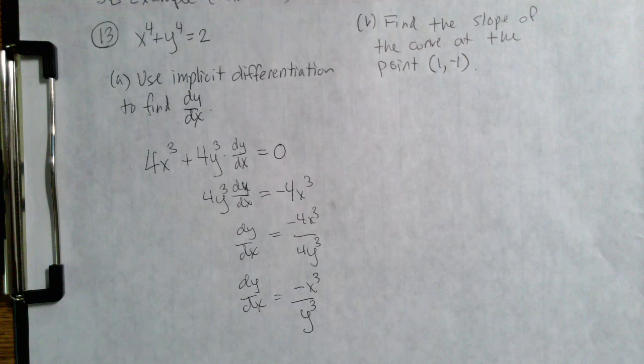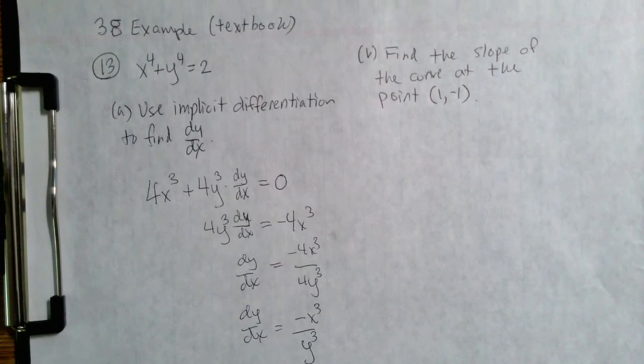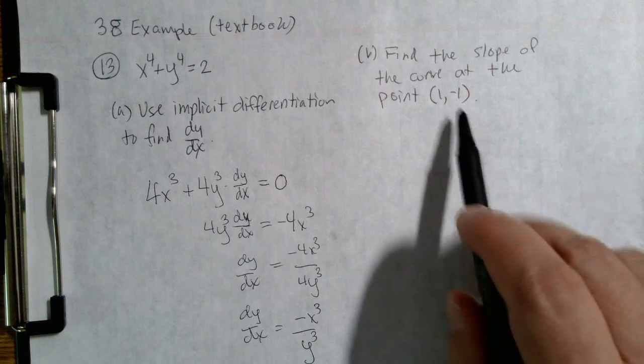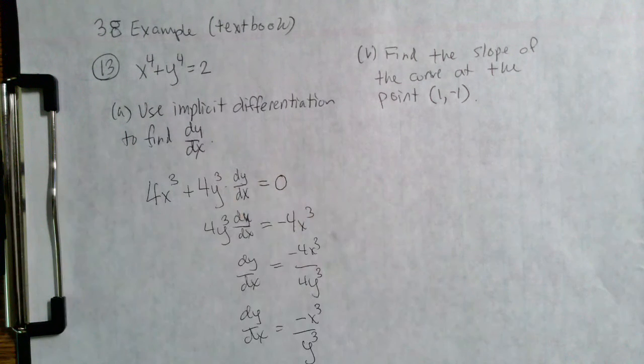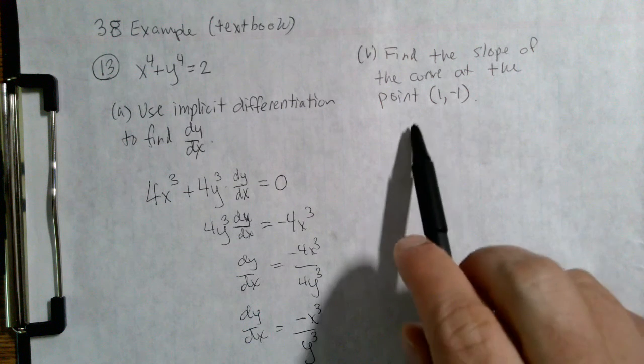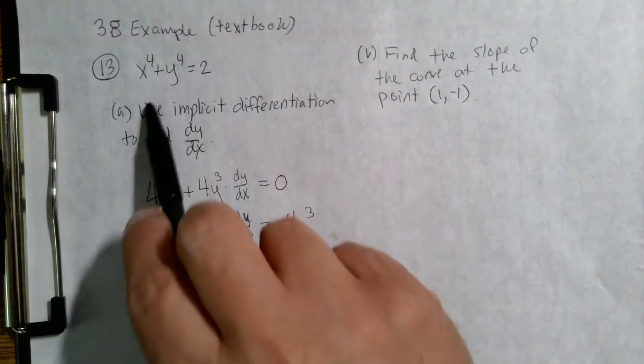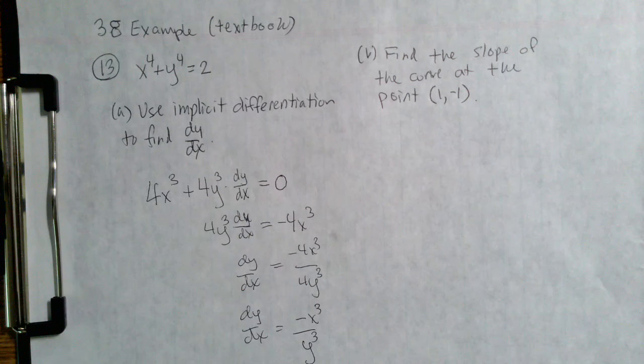Part B says find the slope of the curve at the point (1, -1). This equation represents a curve. When you're doing implicit differentiation, you don't necessarily have an equation that represents a function, because it may not pass the vertical line test, but you have a curve of some kind.